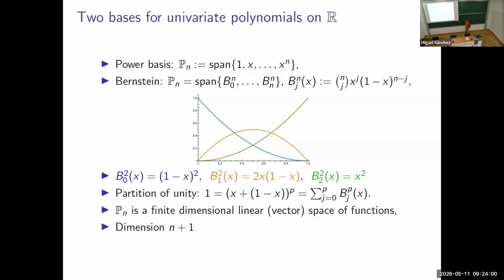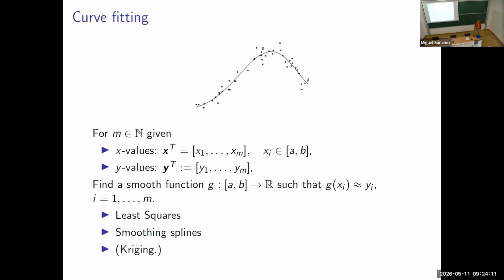So we should think about our Pn as a finite dimensional linear vector space of functions, and its dimension is n plus 1. In curve fitting, the way I present it here, you're given m x values and m y values, and the x values lie in an interval [a,b].